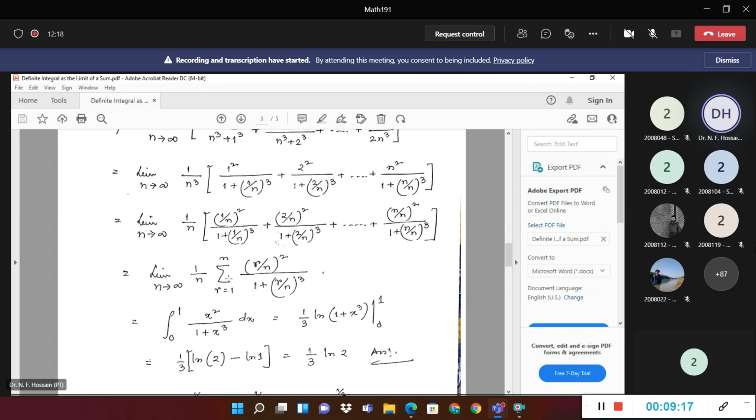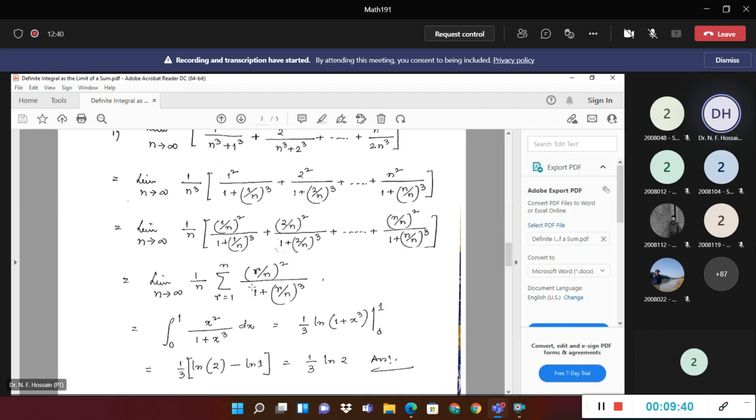So 1 over n into sum over r equal to 1 up to n, r by n whole square divided by 1 plus r by n whole cube. Right. If you put r equal to 1, you will get the first term, r equal to 2 the second term, and r equal to n the nth term. And here n tends to infinity.